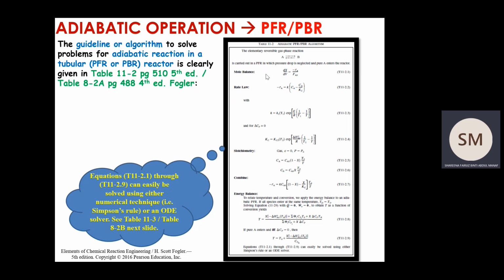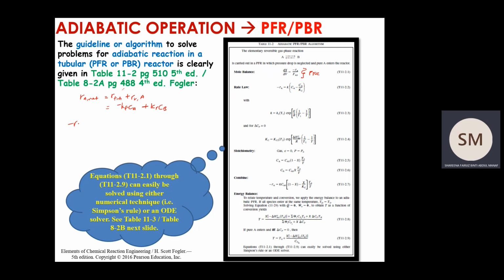Start with the mole balance. These are the design equations for the PFR: dX/dV is equal to negative rA over FA0. The rate law would be negative rA equals k times (CA minus CB over KC), whereby you have to get it from the net rate of A, for forward and also for reverse, which equals negative kF CA plus kR CB.